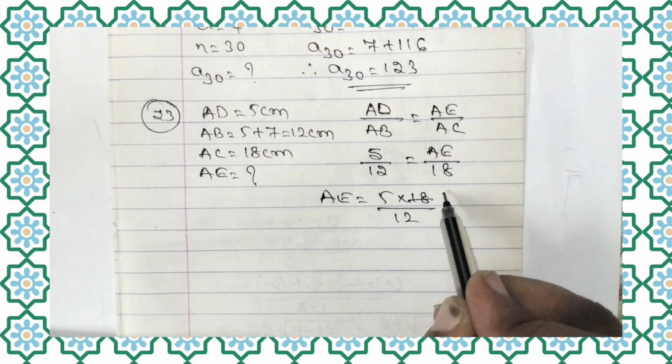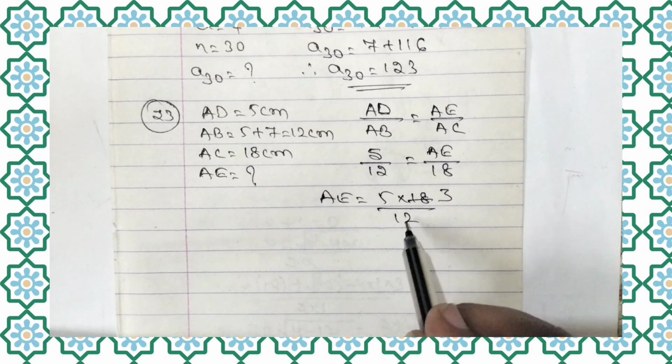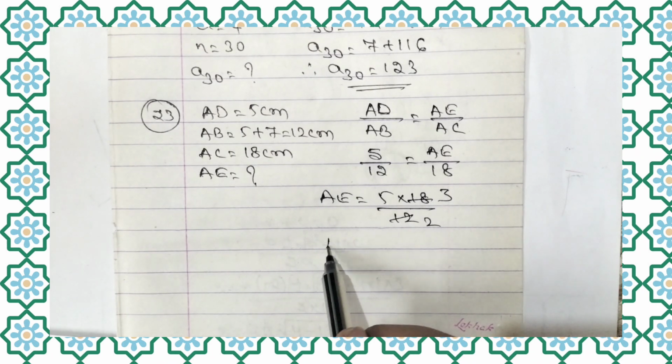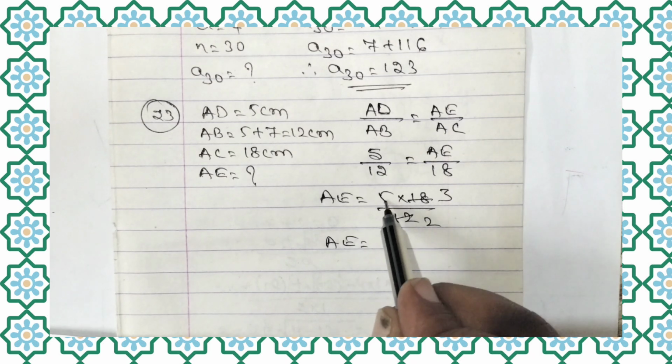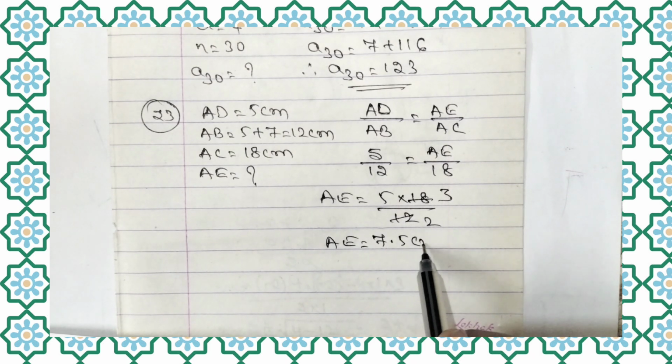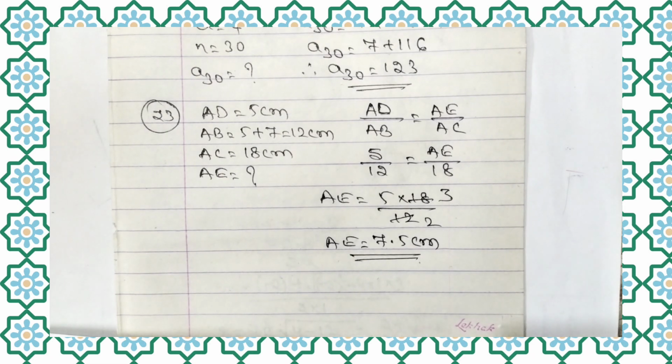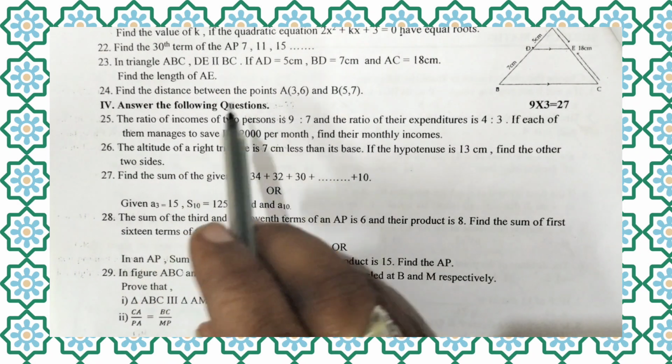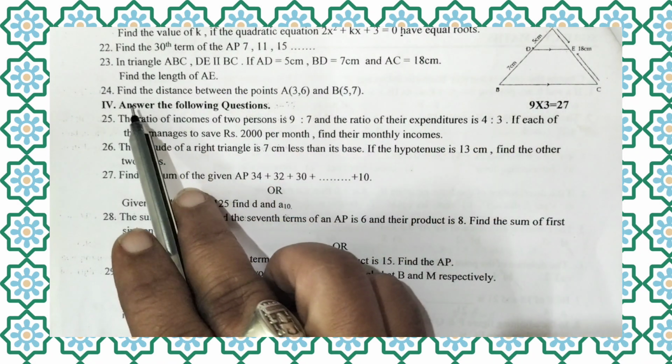So on dividing, 6 3s are 18, 6 2s are 12. So AE is equal to 5 3s are 15. 15 by 2 it will be 7.5 cm. Therefore the value of AE is 7.5 cm.